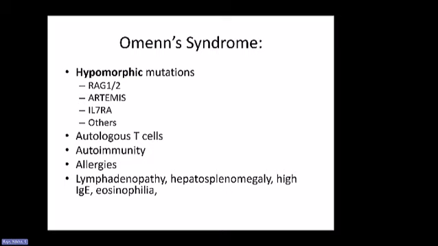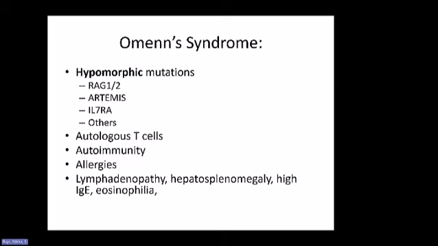So how is this different? In this phenotype of SCID, patients may have normal or higher numbers of T cells. However, those T cells belong to the infant itself, but these are autologous abnormal T cells that are oligoclonal.